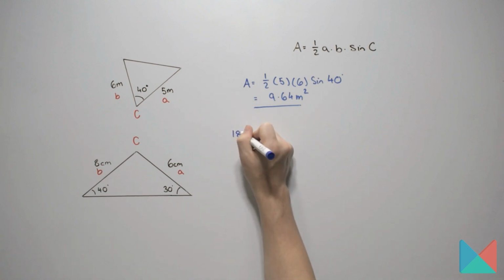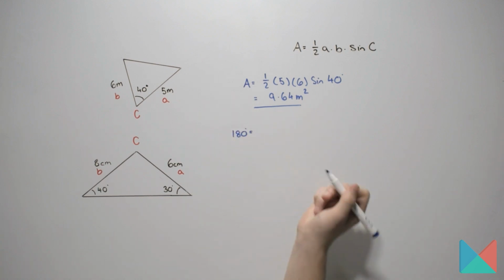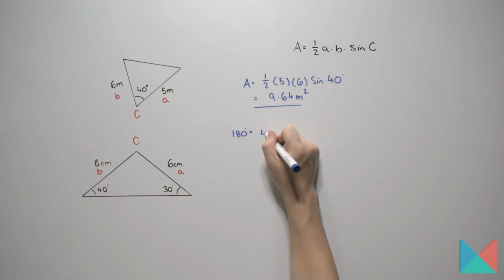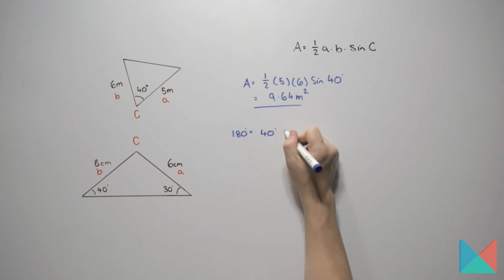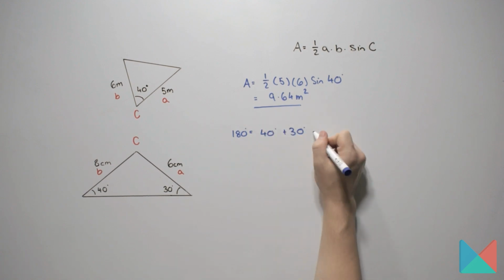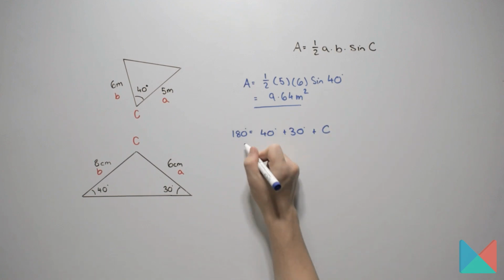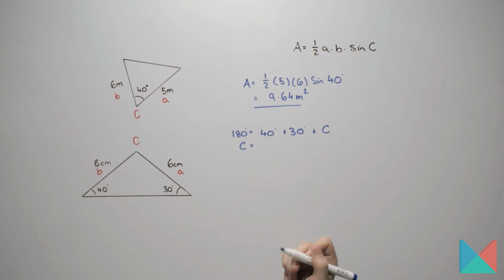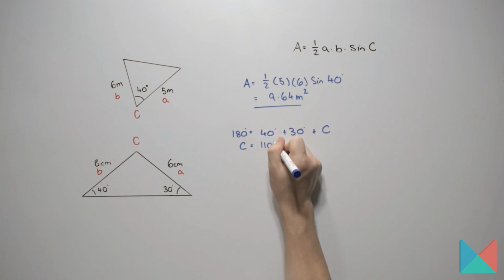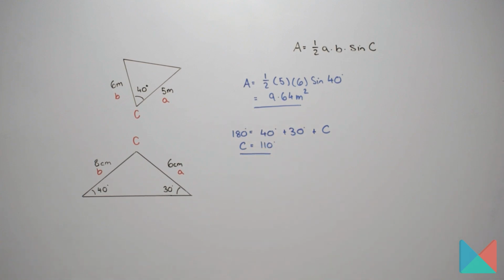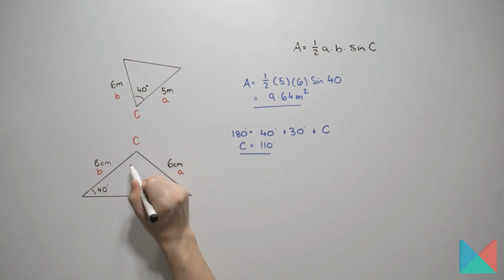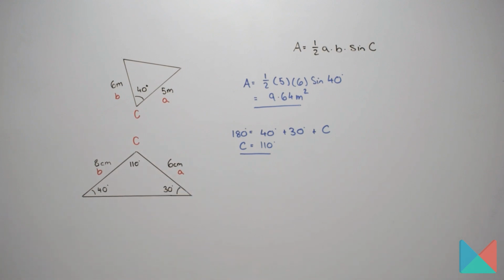So we have 180 degrees is equal to 40 plus 30 plus our angle C. And solving for C, we have C having an angle of 110 degrees. And so this angle here is 110 degrees. And now we can use our area rule to solve for the area of this triangle.